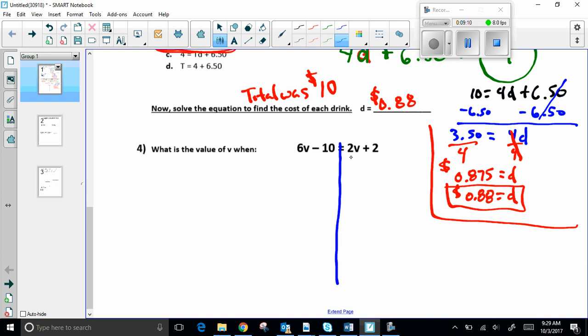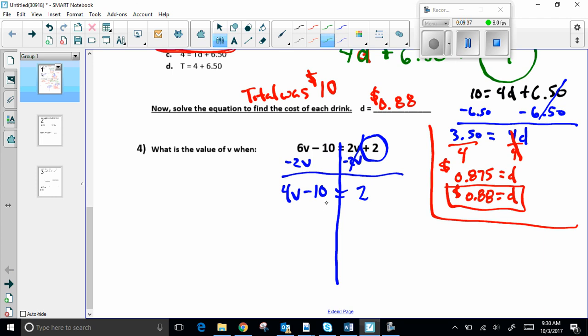So I usually look for the smaller one, and I say, well, I'm going to take away 2V. Because if I take away 2V, that will cancel out. If I take away 2V on the right-hand side, I will also take away 2V on the left-hand side. What's left is 2 over here, because this is my only thing left now, but everything else is canceled out. And then 6V minus 2V is 4V, and I bring down my minus 10.